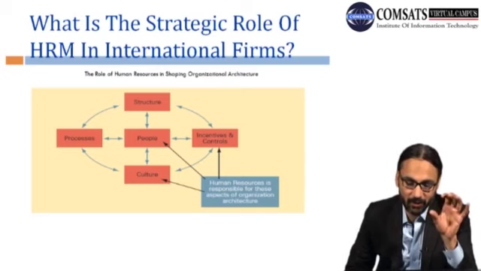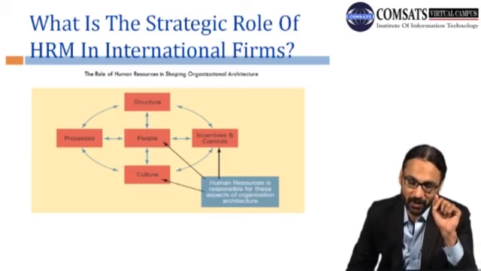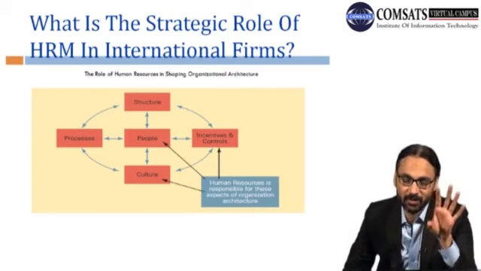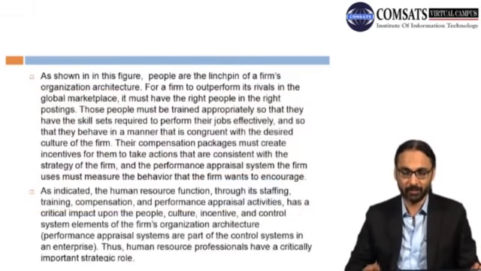All these points are interrelated with each other, and people, culture, incentives and controls are related to human resource management. Human resources is responsible for these aspects of organizational structure. Incentives and controls, people and culture: these three elements belong to the HRM.